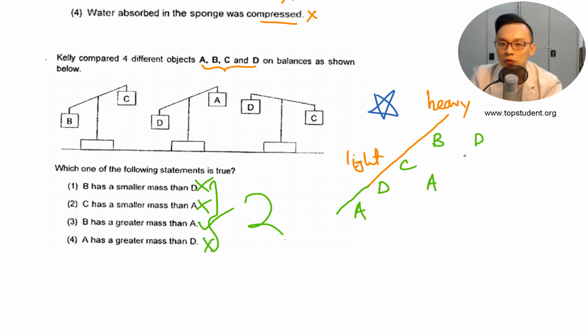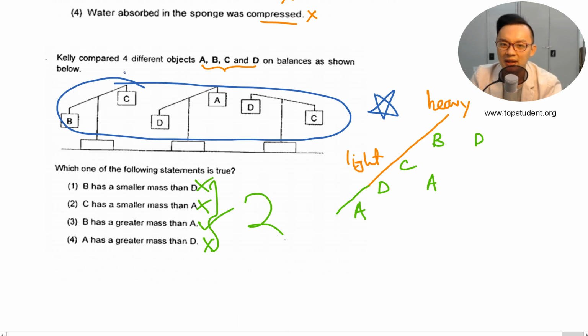So my brain likes to do one step at a time, so I'll convert all this complicated looking diagram to a ranking system over here. Then I will just rub this away, use correction tape, and it's super clear to me, right? A is the lightest, B is the heaviest, because I have this word light and heavy over here.